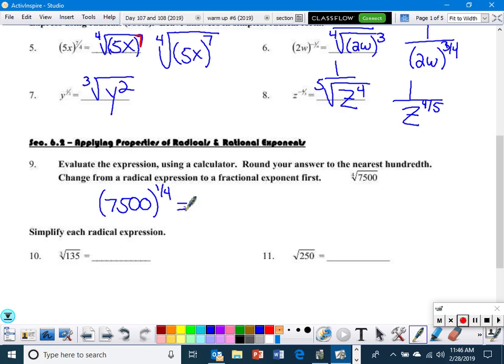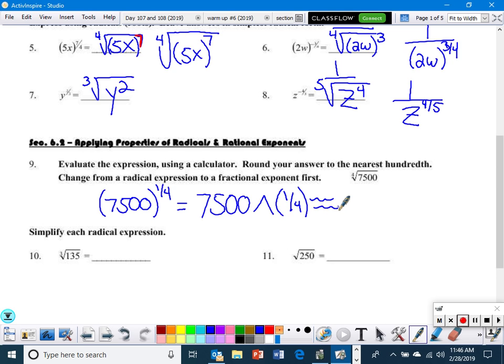Now, when I type that into the calculator, I'm going to type 7,500. I'm going to use the caret key for my exponent. And if you have an old calculator, make sure you use parentheses around the 1/4 power. All right, squiggly equal sign for approximately.